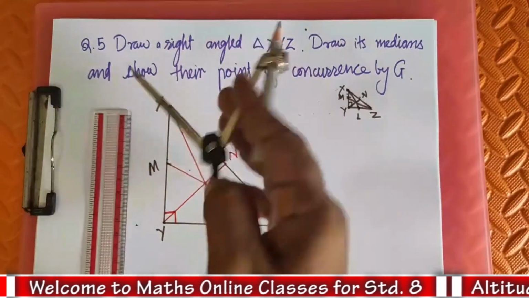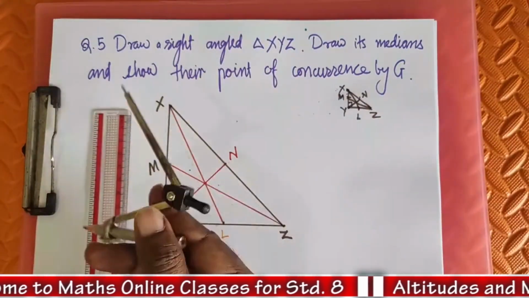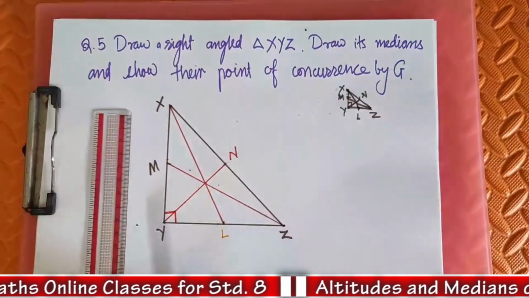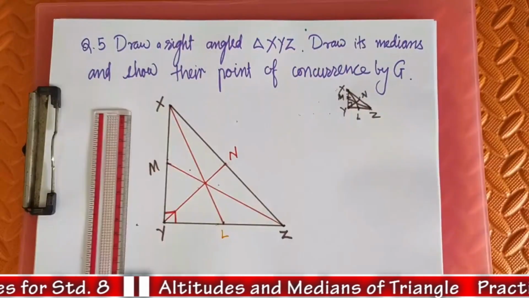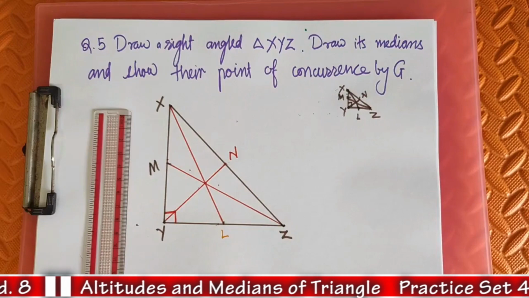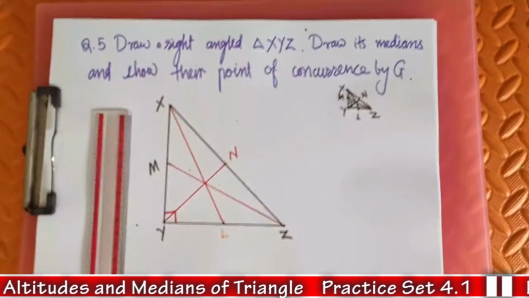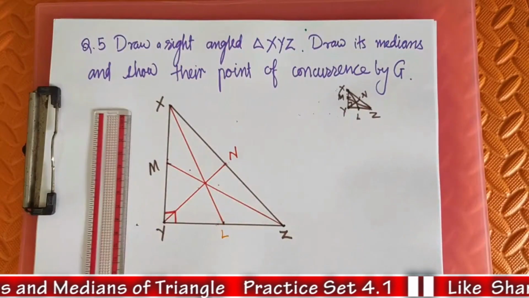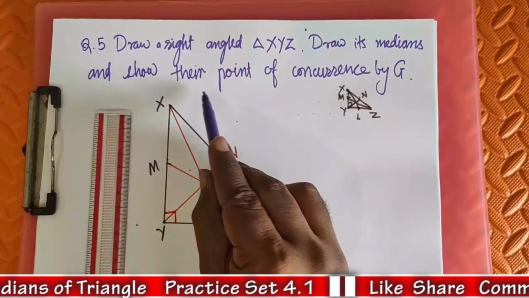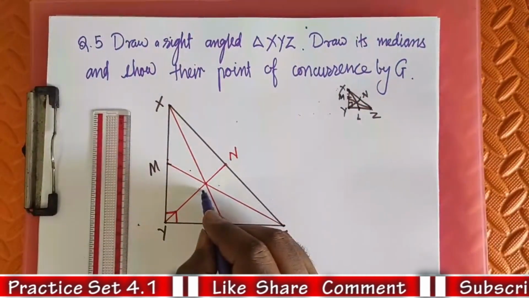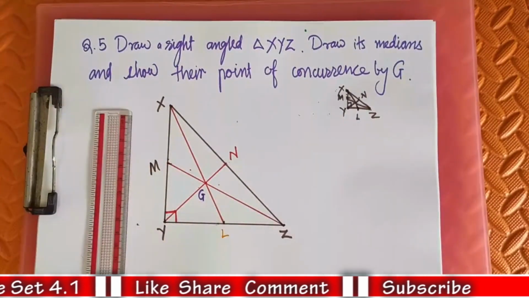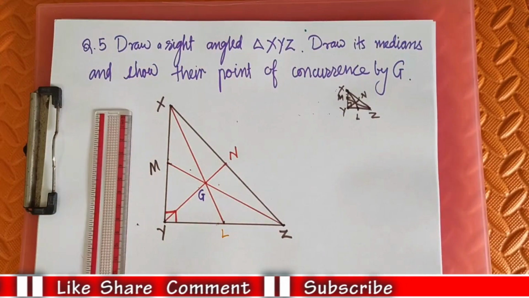Similarly from here you have to intersect, from here you have to intersect, and you have to take perpendicular bisector to get here midpoint N. They have asked to show their point of concurrence by G, that will be centroid of these medians.